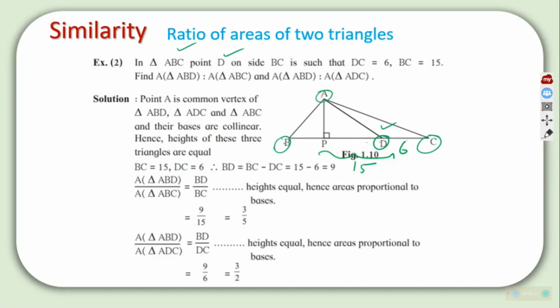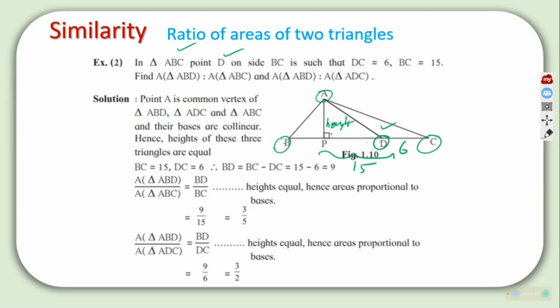So we know that this is the vertex and this is the height of all these triangles, whether it is ABD or ADC or ABC. All are having common height. That is one of the important things you should understand. And all these positions are on the same line, so that is the base.